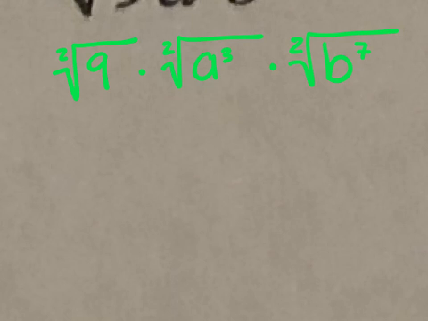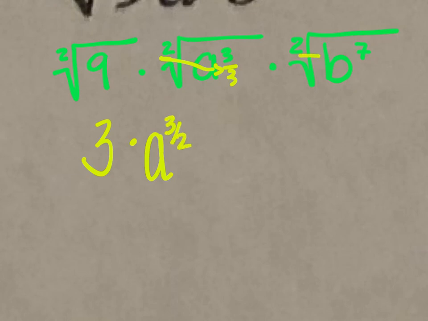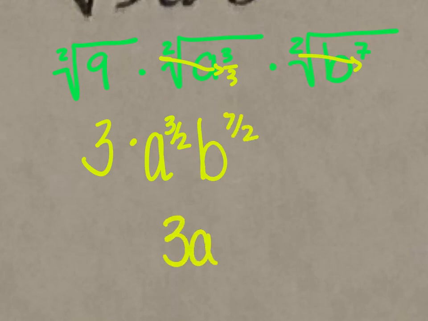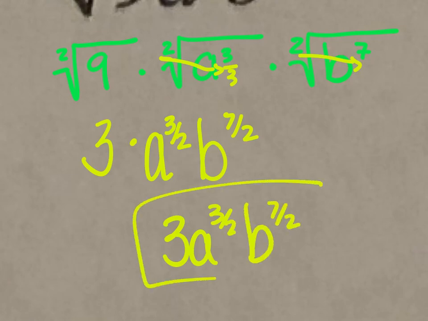Okay, square root of 9 is 3. If we want to take the square root, from here, we turn our fraction, so we get a to the 3/2, and then b to 7/2. So you get 3a to the 3/2, b to 7/2. Final answer.